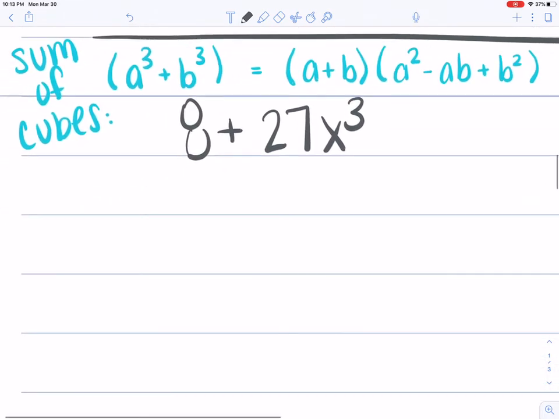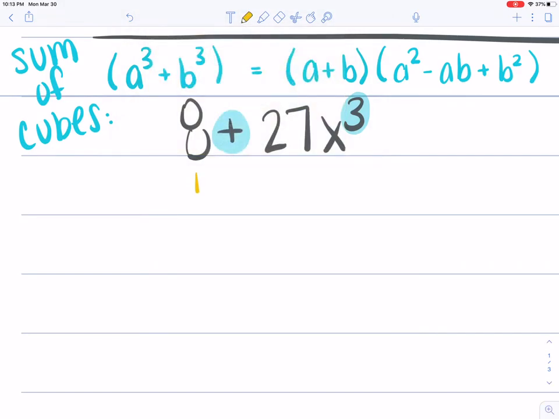My third one, 8 plus 27x cubed. So I went ahead and wrote the formula to save a little bit of time, but that is actually a sum of cubes. So I see my formula. I just need to rewrite 8 and 27x cubed as something to the third power.